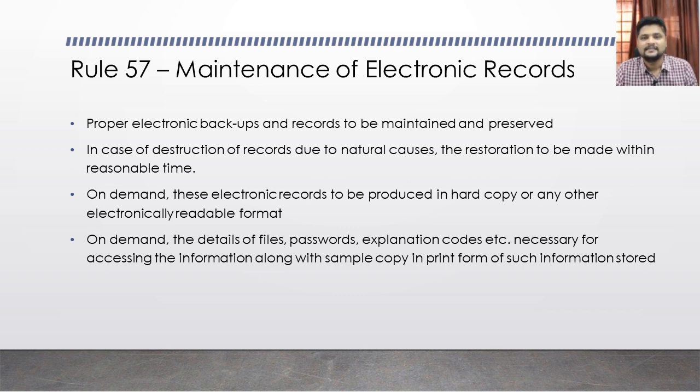Rule 57 states that if the books of accounts are maintained in electronic format, then those electronic records are to be backed up. The backup of those data has to be taken properly and at periodical intervals. Clearly it has to be taken, and it has to be preserved as well. Not only taking the backup, those backups have to be properly preserved as per the requirement of the law.